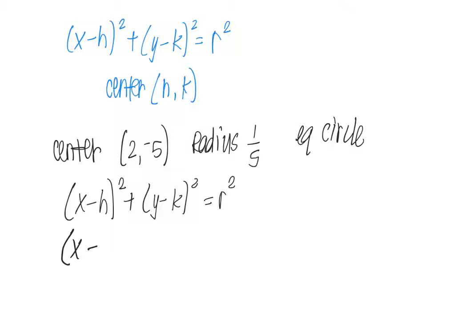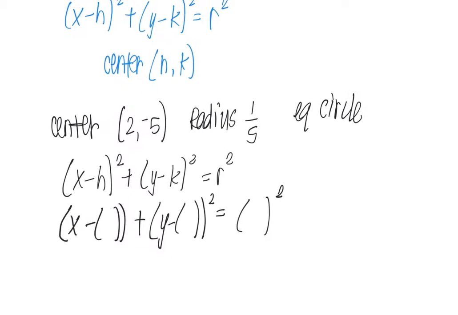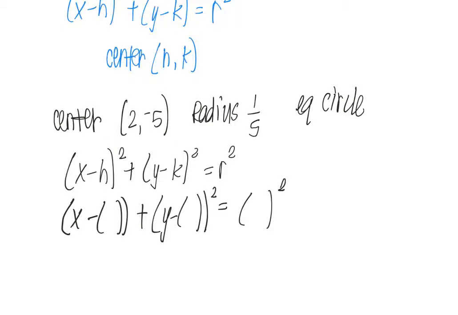So basically, I have (x − something)² + (y − something)². Okay, well, my center is, that h value is 2. The k value is −5. The radius is 1/5.